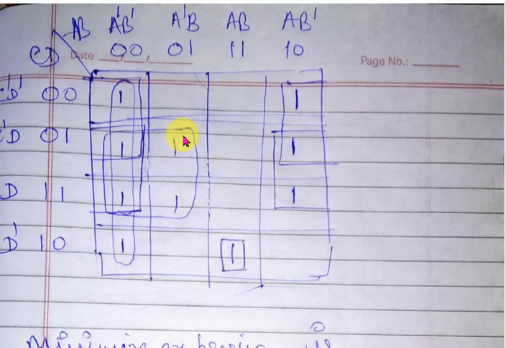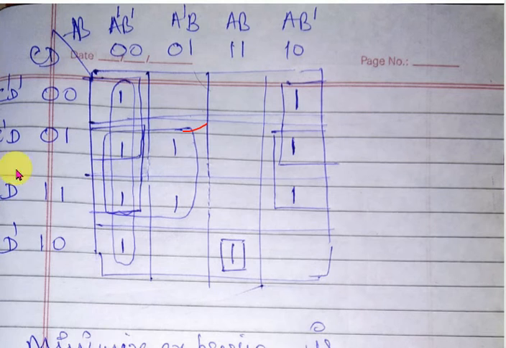Now we will consider the basic block of 2 by 2 order, this one. Corresponding to this basic block we have C dash D and C D, so C occurs in itself and complemented form.